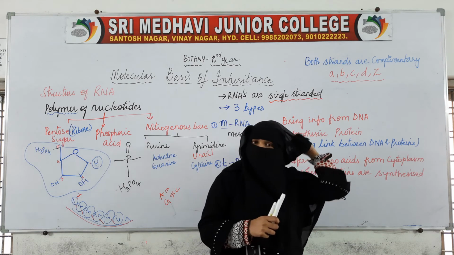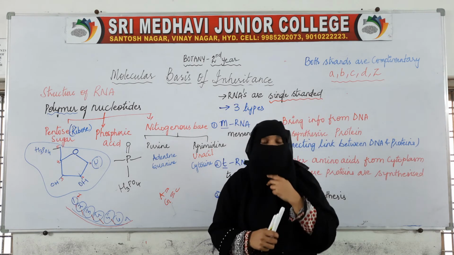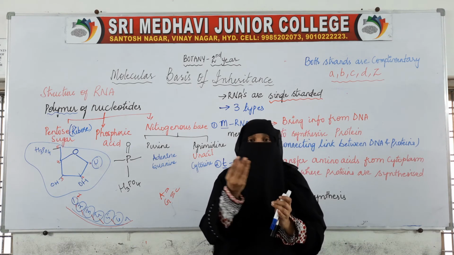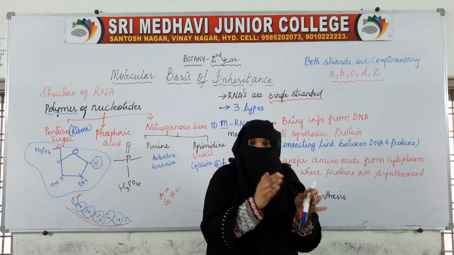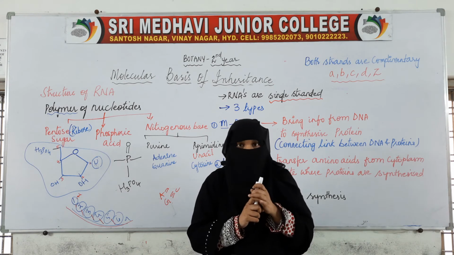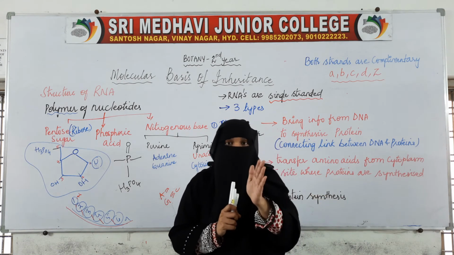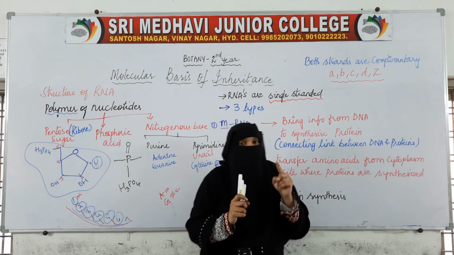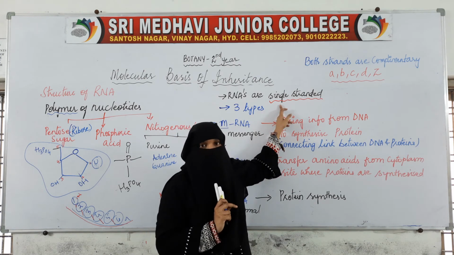So for formation of protein, first DNA should give the code, that this type of protein should be made in order to perform this function. As DNA is the genetic material, it will only give the orders, it will only tell what is to be done. So the DNA will give the information to RNA and RNA will synthesize the protein.